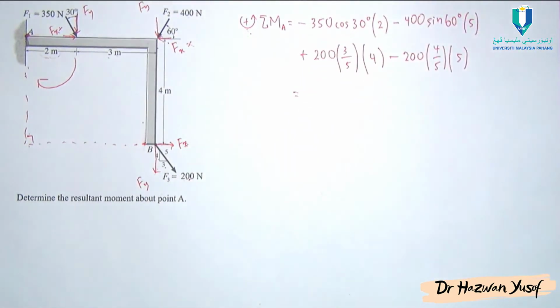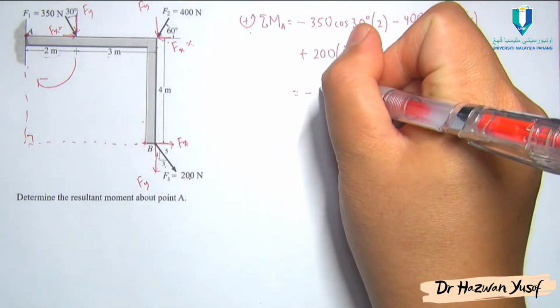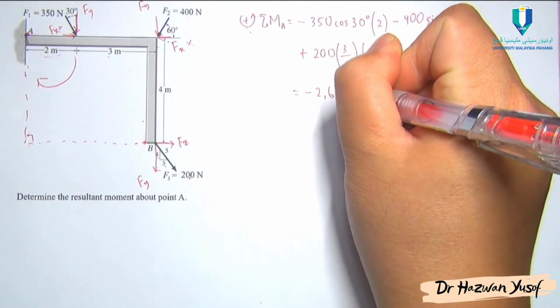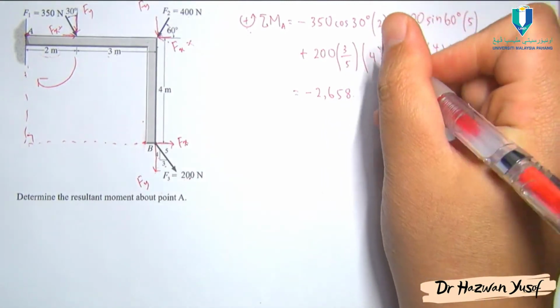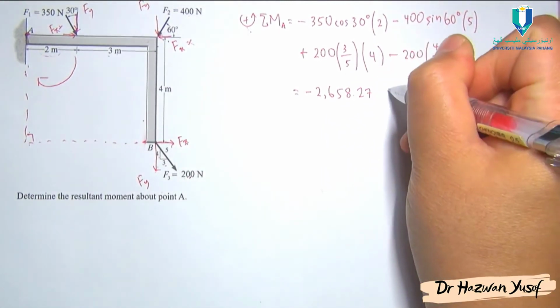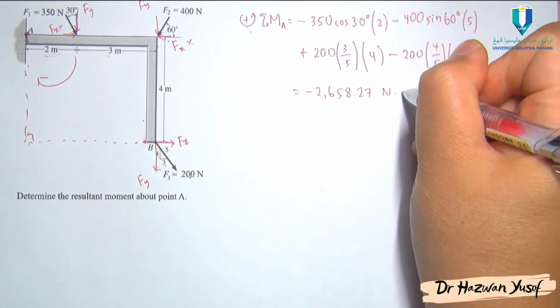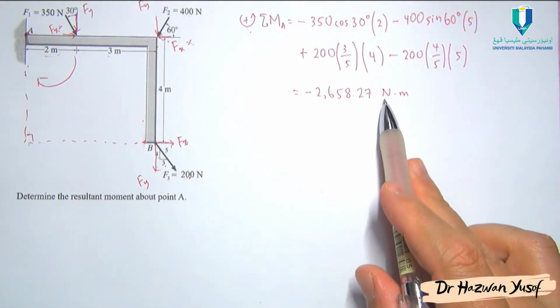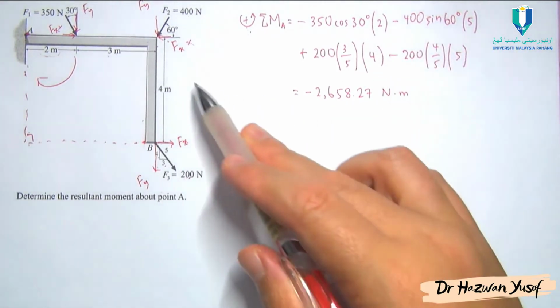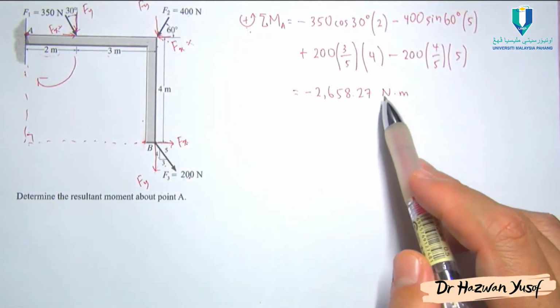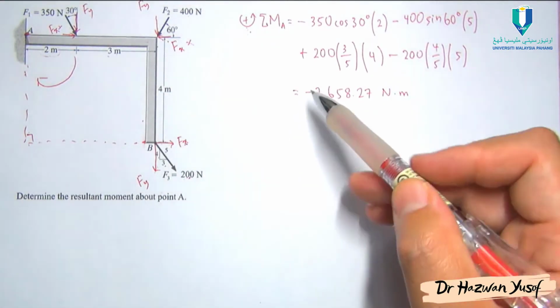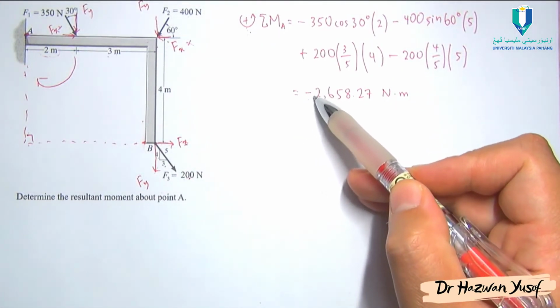If we calculate this, we will get the value negative 2658.27 Newton meter. So check the unit. The unit we use for force is Newton, and the unit for distance is meter, so Newton meter.